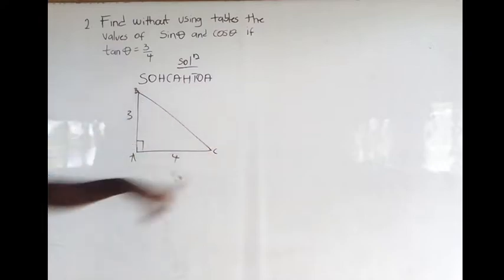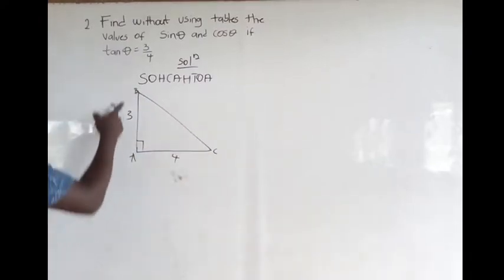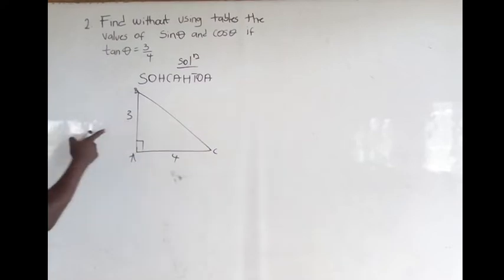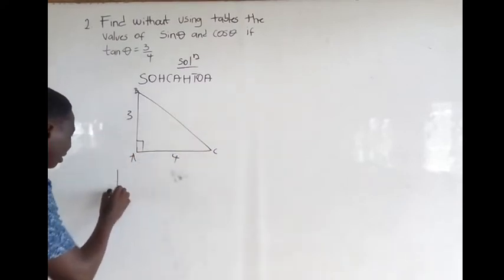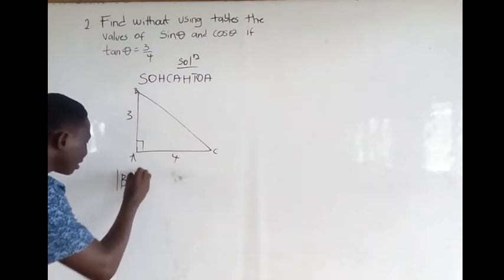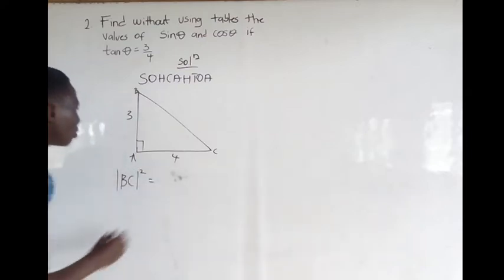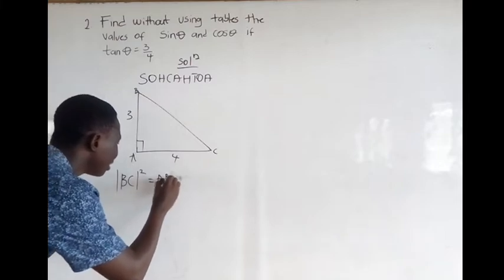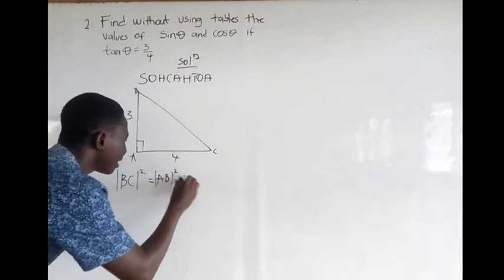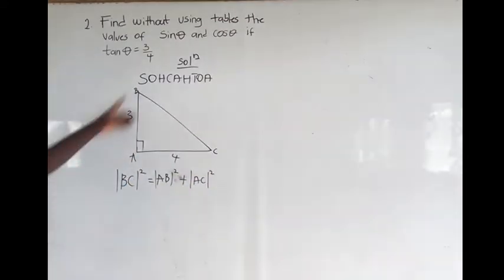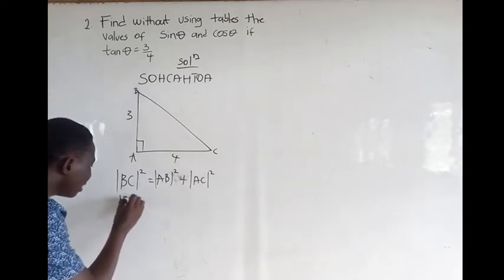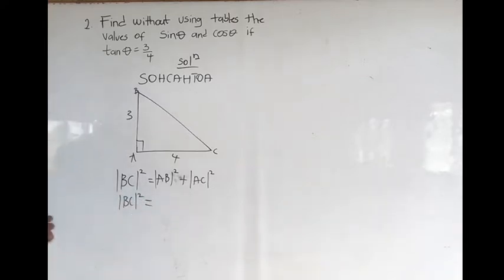So we find this side by using the Pythagoras theorem. And the Pythagoras states that this square is equal to the sum of this square and then this square. So we're going to get BC squared is equal to AB squared plus AC squared. And then BC we don't know, so let's maintain it. So BC squared is equal to AB, we know AB, that is 3.